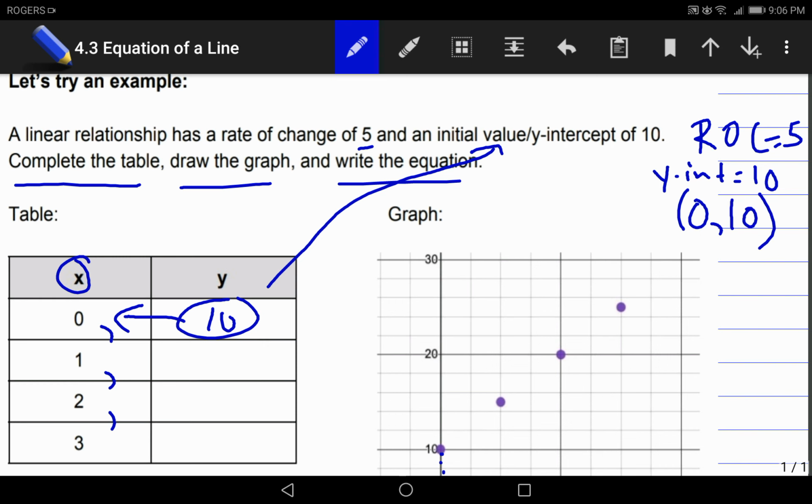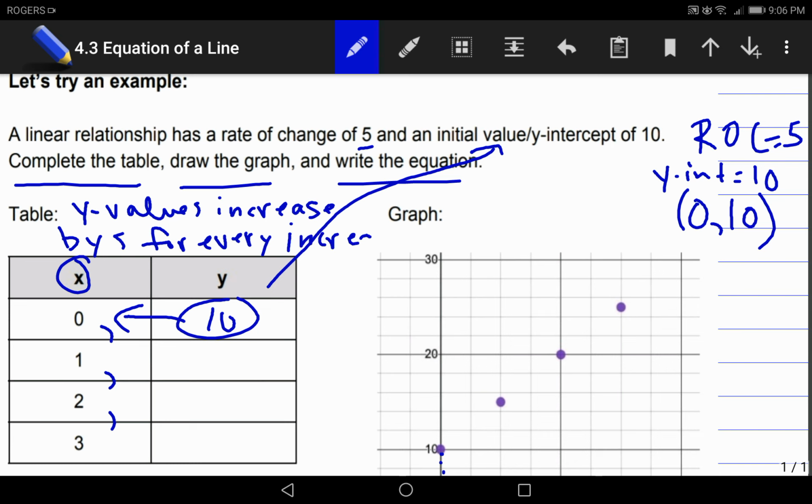In this case, it's 0, comma 10. All right. Now, after that 10, we have a rate of change of 5. That means that our y values are going to increase by 5 for every increase in x. So I'm just going to make note of that: y values increase by 5 for every increase in x.